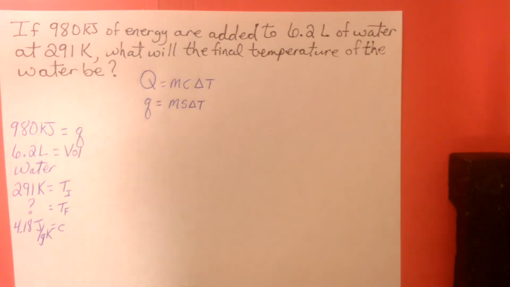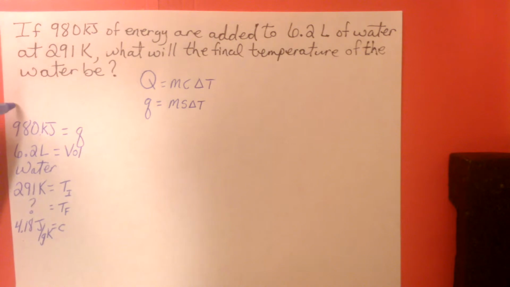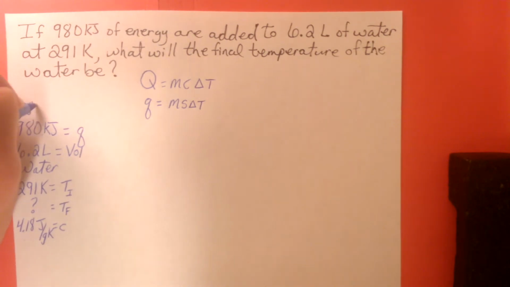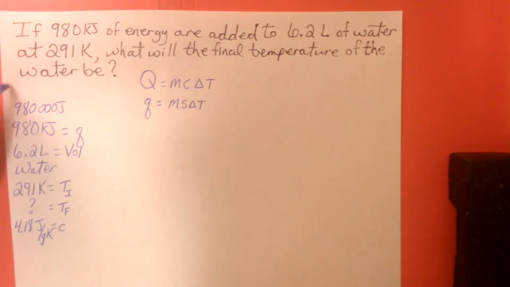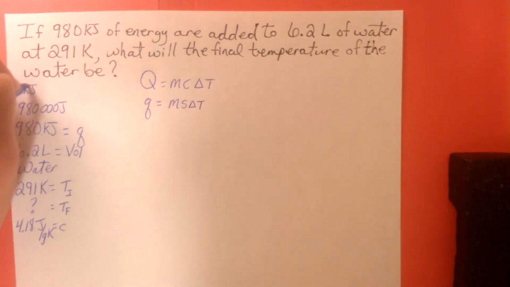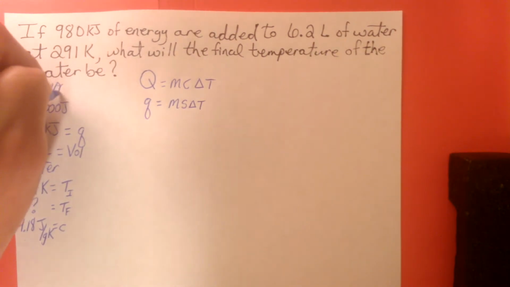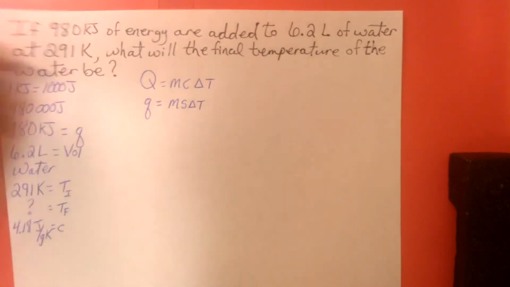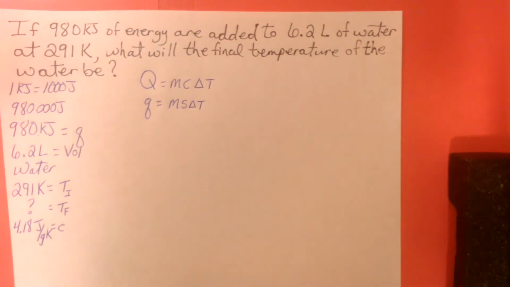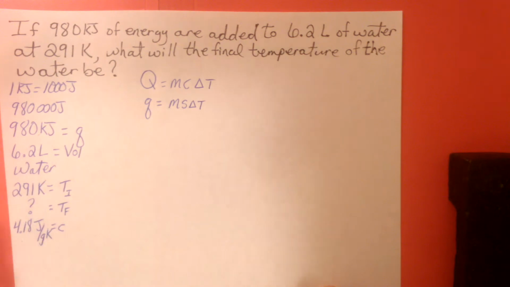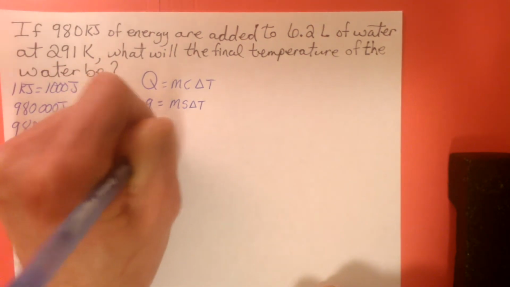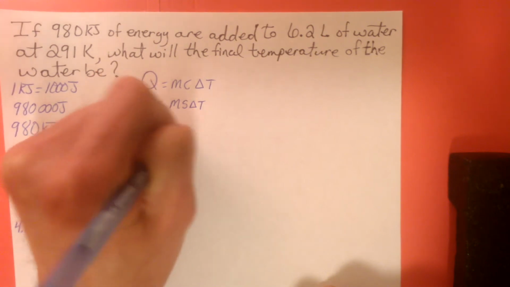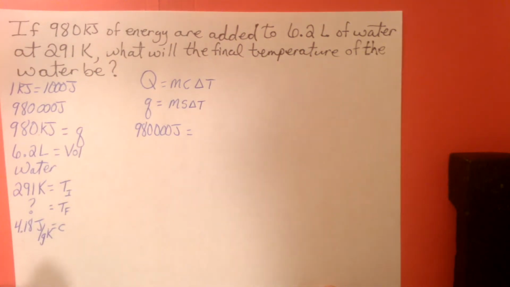So I'm going to change this 980 kilojoules to 980,000 joules. Remember that 1 kilojoule is 1,000 joules, same as 1 kilogram is 1,000 grams. So we've got our 980,000 joules. That's our Q value.